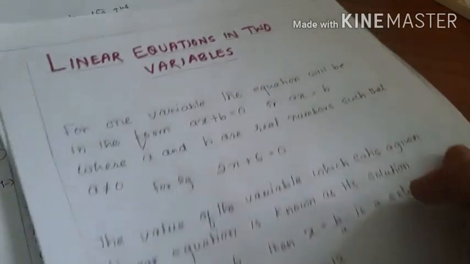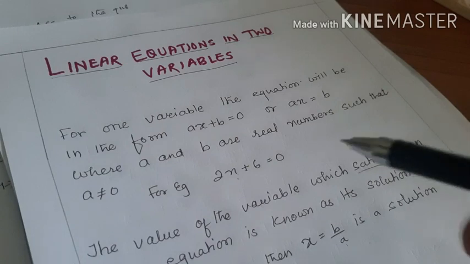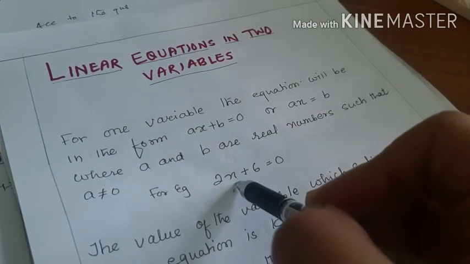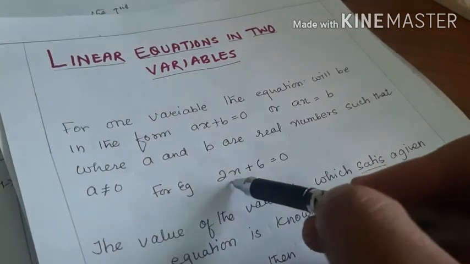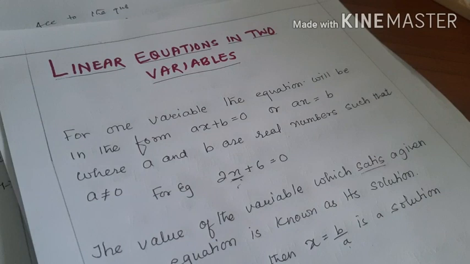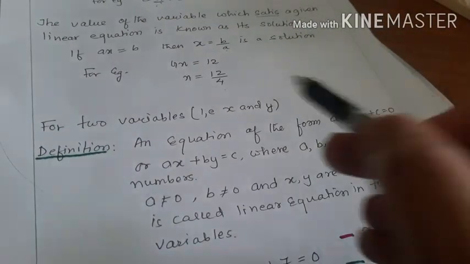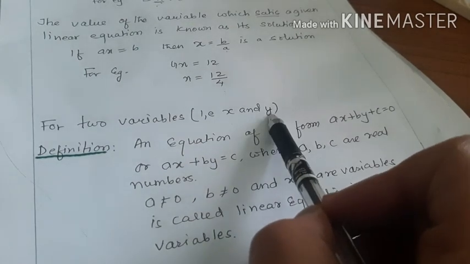The first thing we learned about is one variable. In one variable, whether it is x, a, b, whatever it is, only one variable changes. That is why it is called a linear equation in one variable. In a linear equation in two variables, we have two variables, x and y.